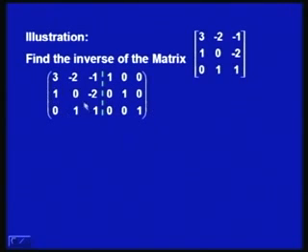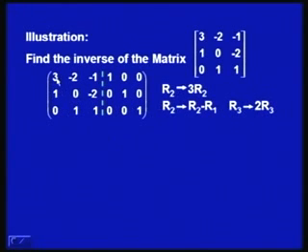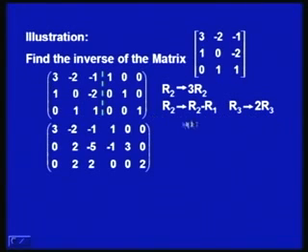Now to convert this into the identity matrix, first thing is that this should be 1 and this should be 0. So to perform this, we write R2 as 3R2, and then we subtract R2 from R1, and then R3 is 2 times R3. These transformations give us this matrix.